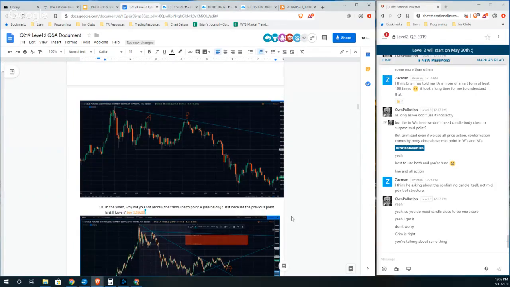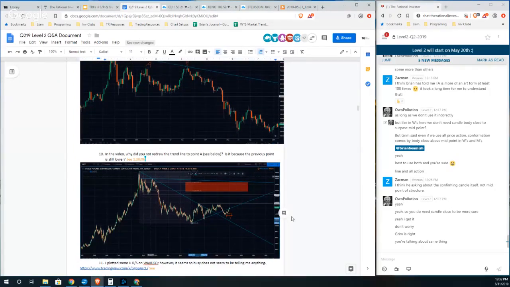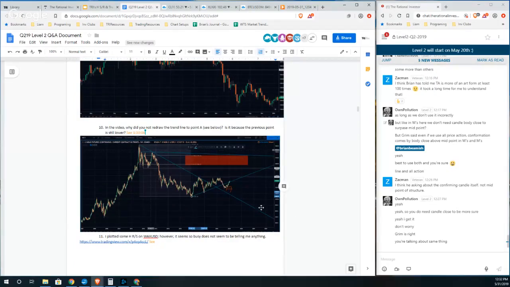Alright, so is that the same one? Yes, sort of. Why did you not draw the trend line that I see below A? Again, I would be inclined, if I was going to draw an uptrend line, if this low is lower than this low, then this is the potential market structure signal here.